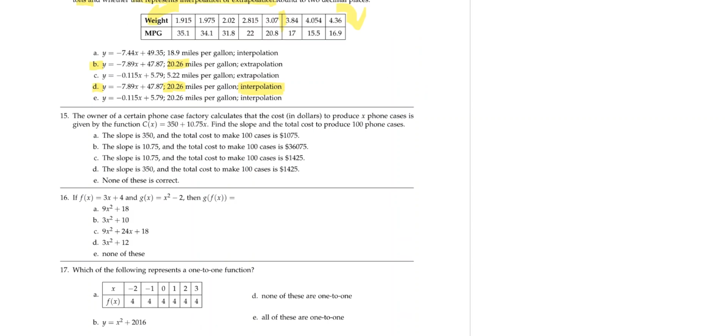Number 15, the owner of a certain phone case factory calculates the cost in dollars to produce x phone cases, and this is the function. Find the slope. Well, you know the slope right away. The slope is whatever x is multiplied by.